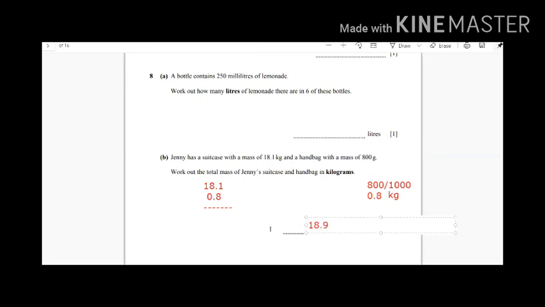In kg, the total weight is 18.9. Like this you will do. You will convert all the remaining things into the unit in which you have to give the answer.